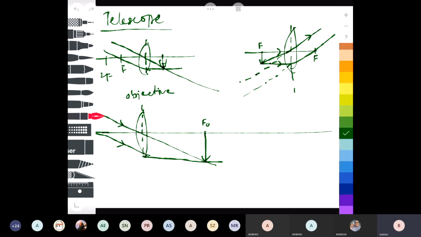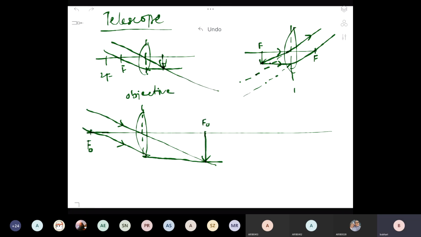And then we are going to draw the second situation here. Now, you can see that the object is on F. So we must make sure that for the eyepiece lens, we have FE exactly on the same spot, because we need to apply this one.